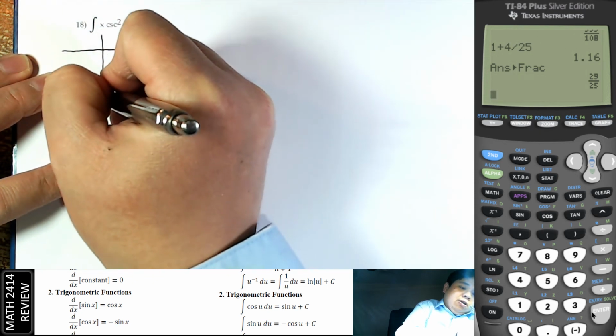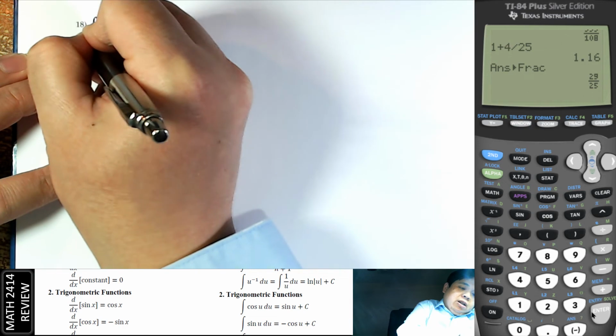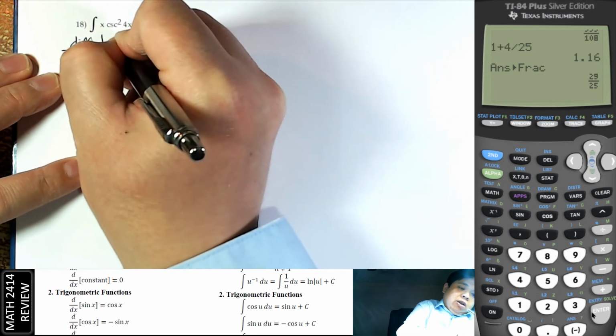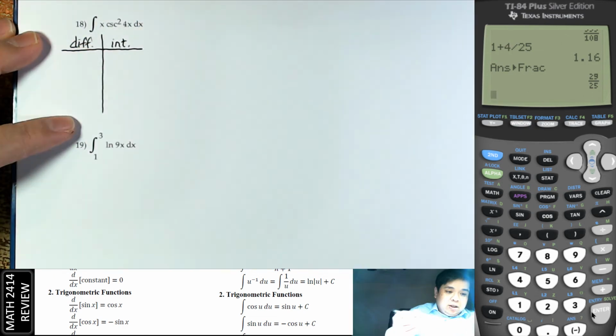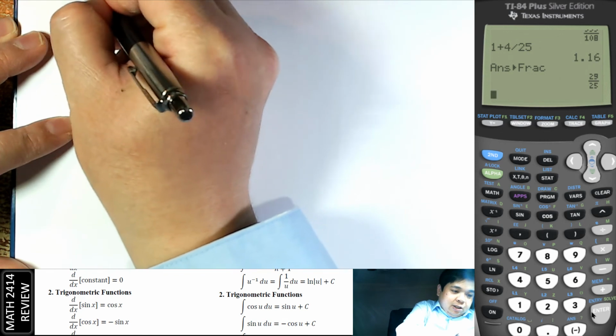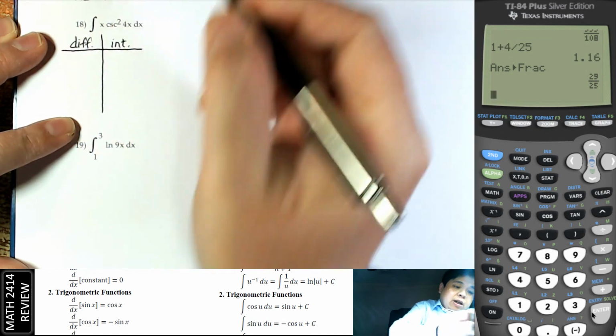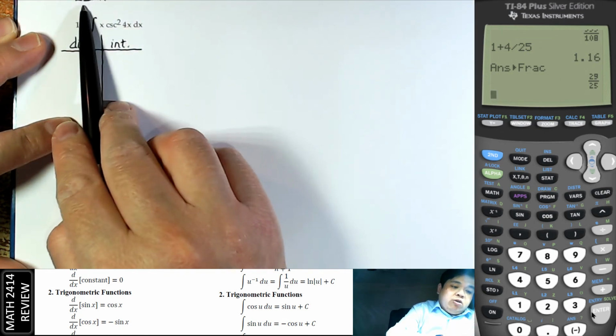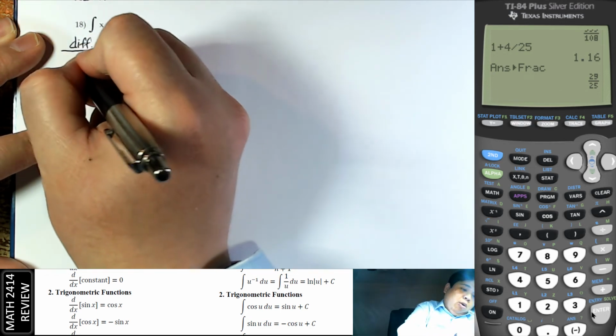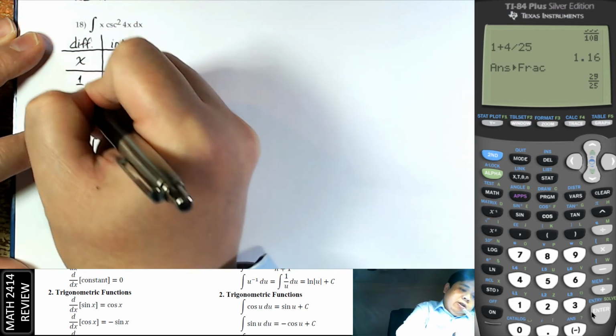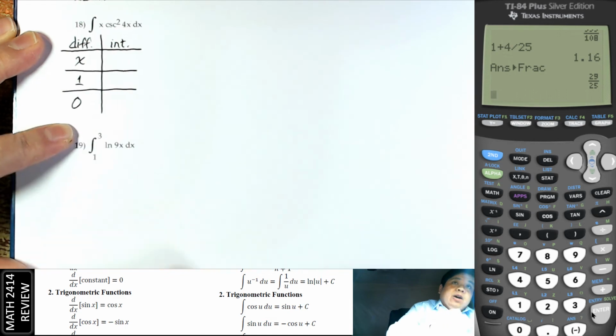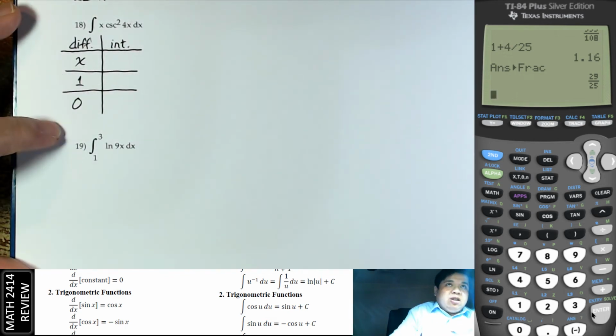So to be differentiated, to be integrated, and the list, there's no log, no inverse trig, but there's the x polynomial. Derivative of x is 1, derivative of 1 is 0.